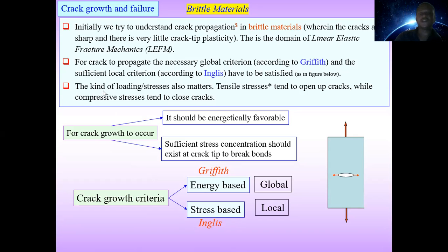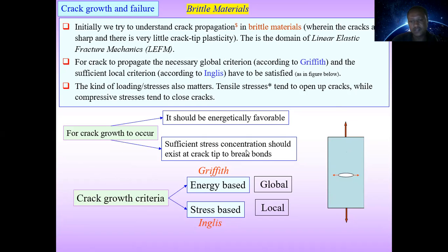The kind of loading or stress also matters. Tensile stress tends to open up a crack, while compressive stress tends to close the crack. So when we apply tensile loading, it tends to open the crack, and when we compress it in the opposite direction, it tends to close the crack. For crack growth to occur, the loading should be favorable.